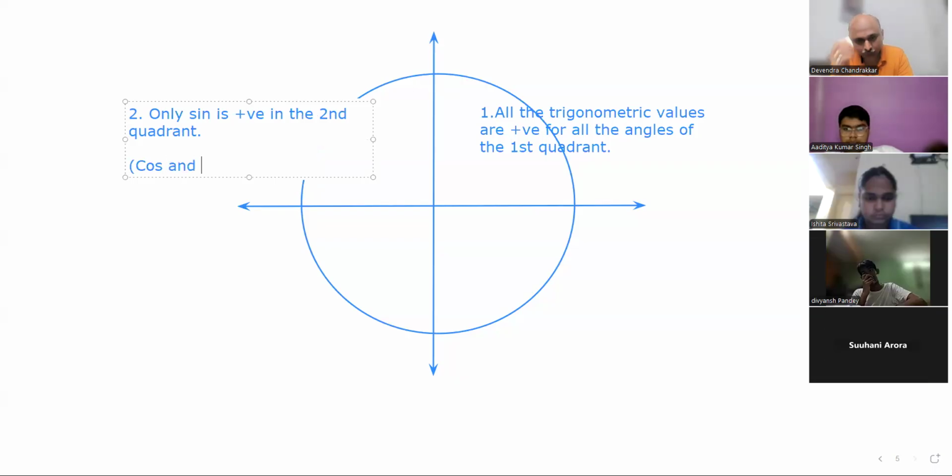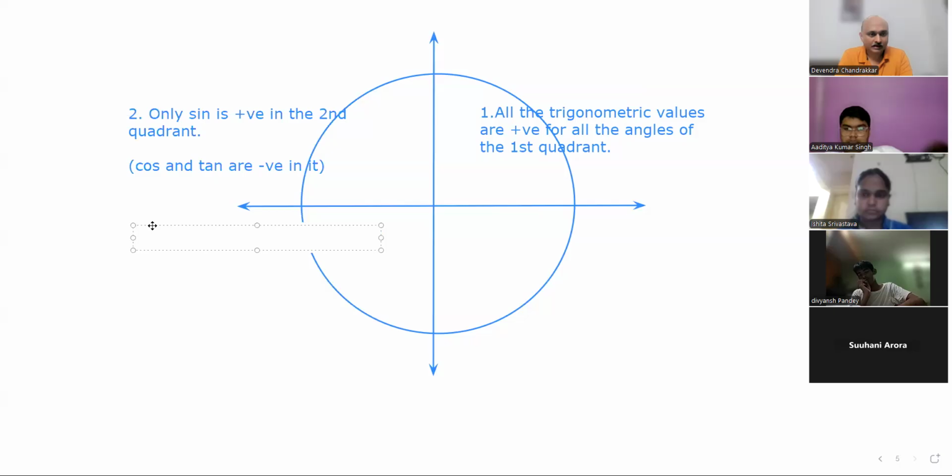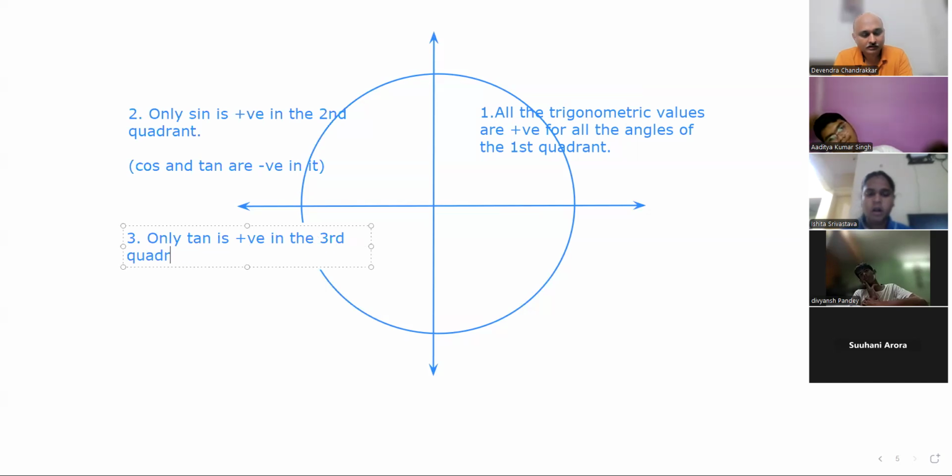The inference which you can draw is cos and tan are negative in it, right? Then comes the third one. Only tan is positive in the third quadrant.